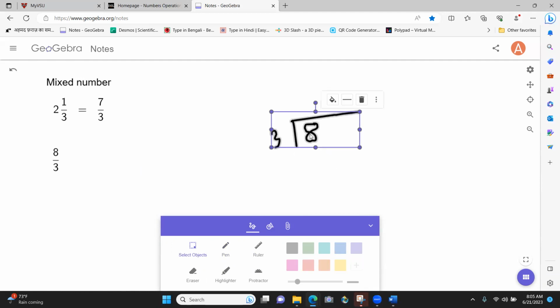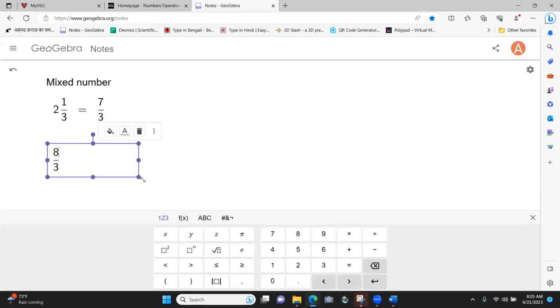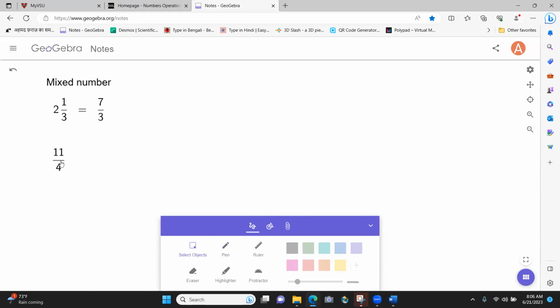So let me take something like 11 divided by 4. Let's try this, okay? This is clearly an improper fraction. I'm going to convert it to a mixed number.